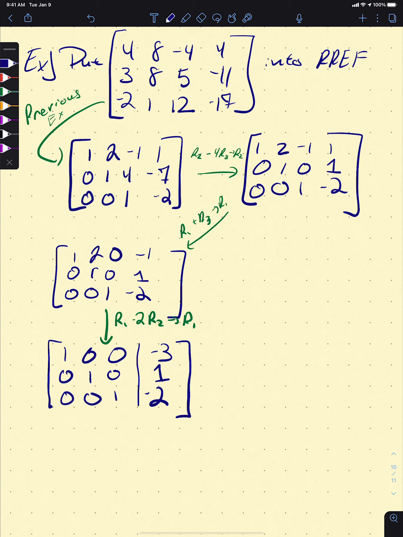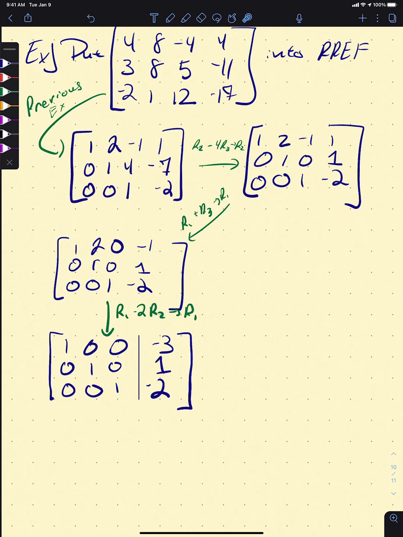Okay? And here's what I want you to notice here. What system does this represent? When we turn this into a system again, we're going to have x plus 0y plus 0z equals -3. We're going to have y plus 0x plus 0z equals 1.